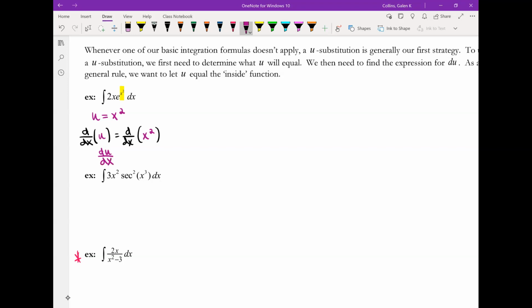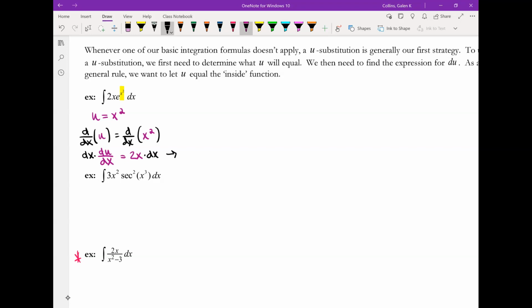On the right side, the derivative of x squared with respect to x is just 2x. To isolate du, we multiply both sides by dx.